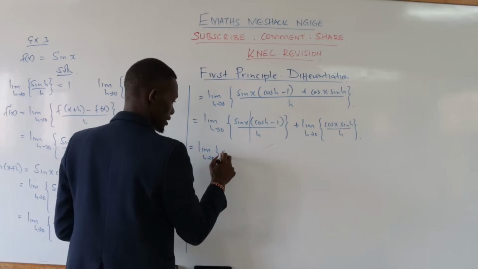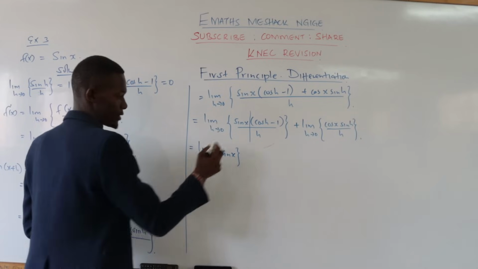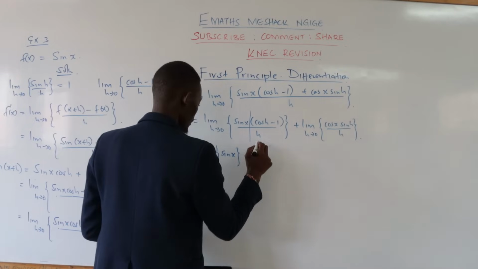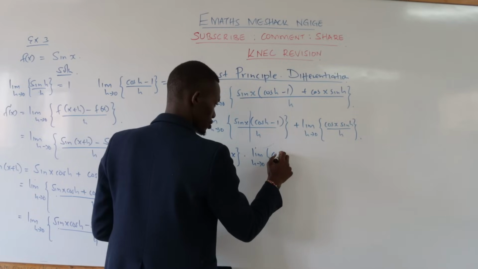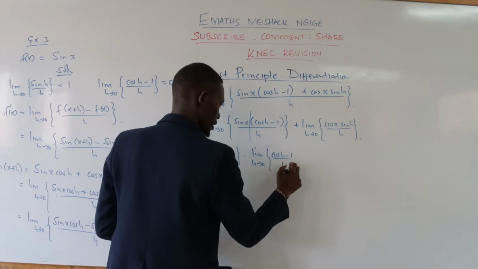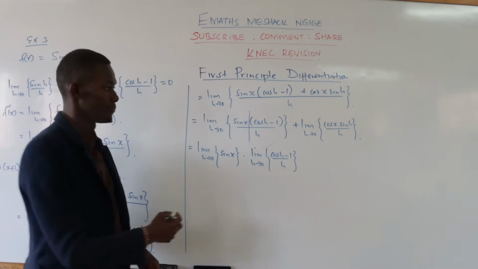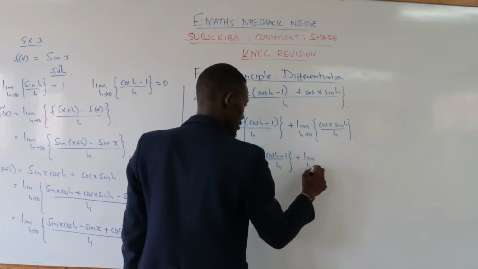So we'll have sine of x. So the first one will just be the sine of x. Okay. Then the second one multiplied by the limit as h tends to 0 of this term now, cos of h minus 1 all over h. So this term here splits into 2. Then the same happens here. We have the limit as h tends to 0.